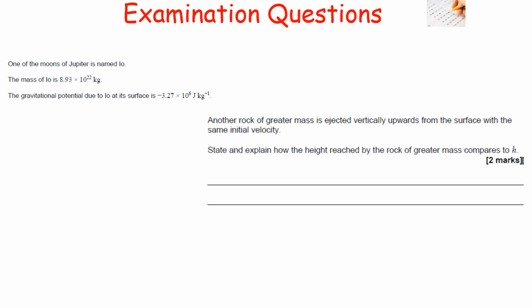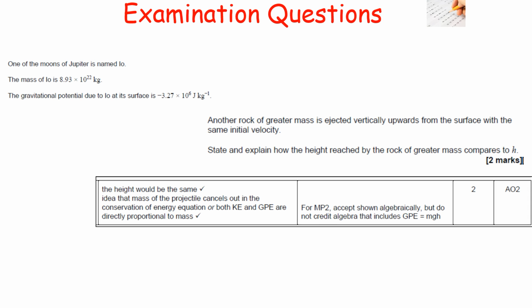So what do we know? Well, the height will be the same, because the kinetic energy is going to be turning into the potential energy as it's being ejected vertically upwards. If we say a half mv squared is equal to G big M small m over r, the mass of the projectile is going to cancel through on both sides.